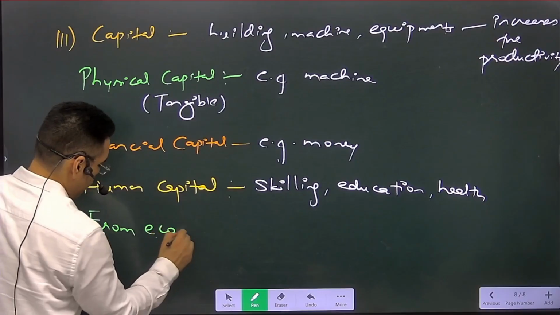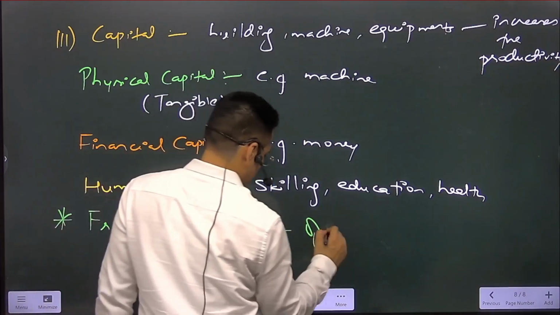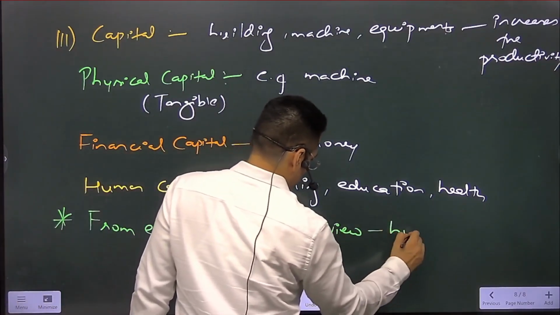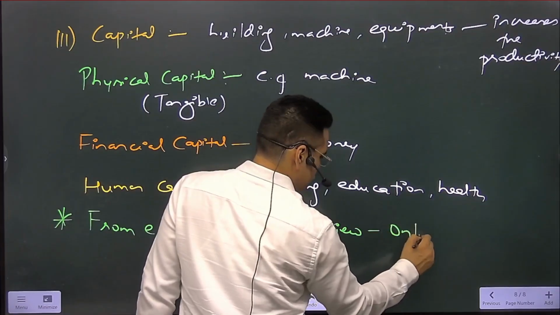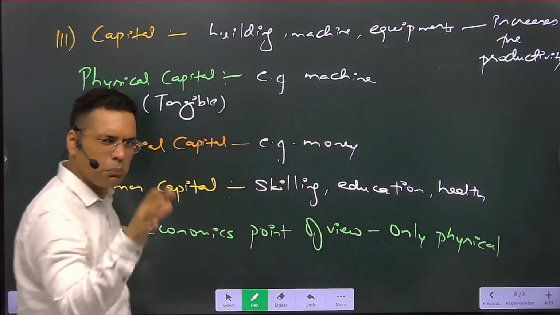From an economics point of view, only physical capital is covered. When you read from the book, capital means machinery, buildings.